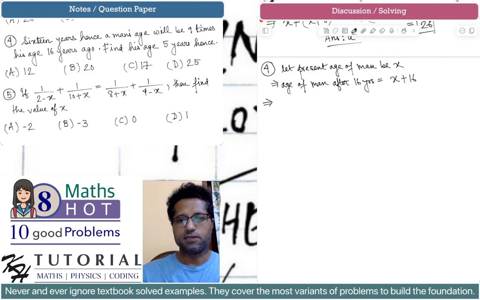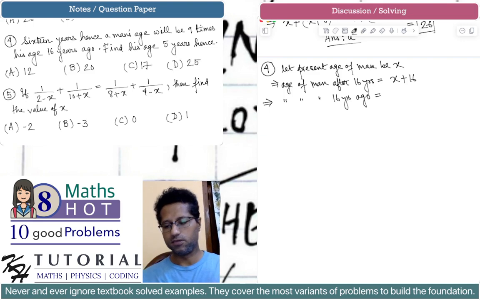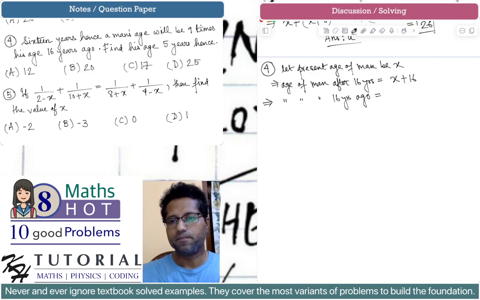Also, we can say that the age of the man 16 years ago will be, if the present age of the man is x, then 16 years ago the age of the man will be x minus 16.